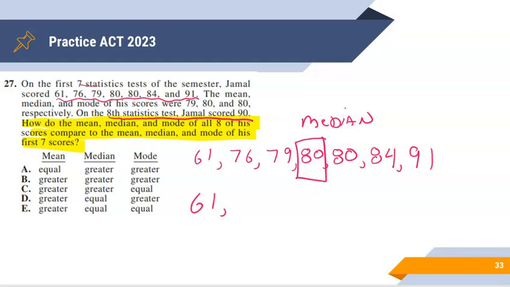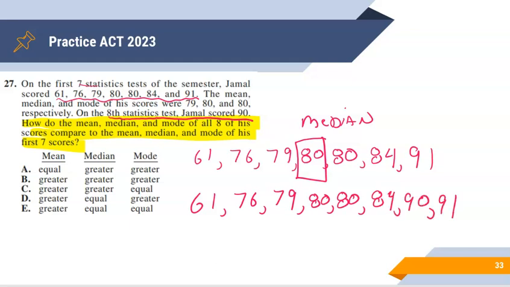So when I write out the new list of numbers, now the median is this 80, or is it really these two in between? Yeah, I think it's that. Now notice the median stayed the same, so I'm able to get rid of these pieces here.